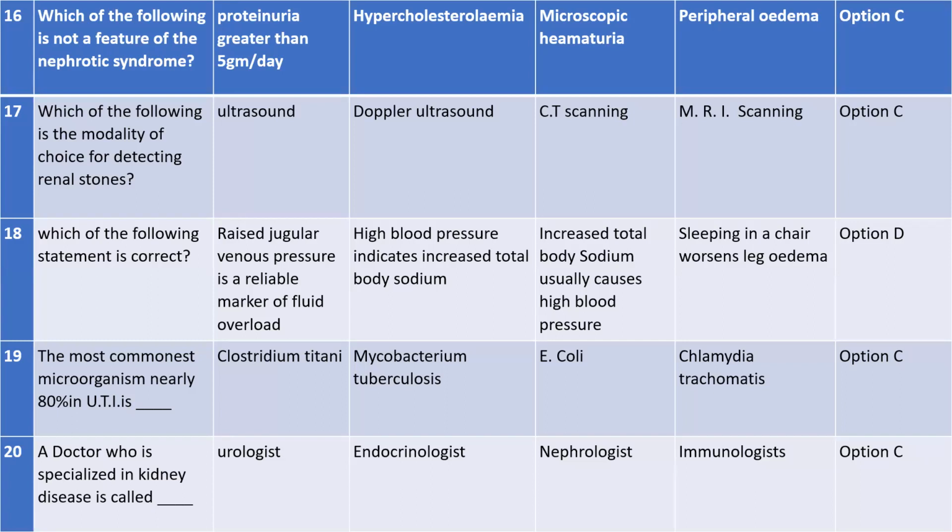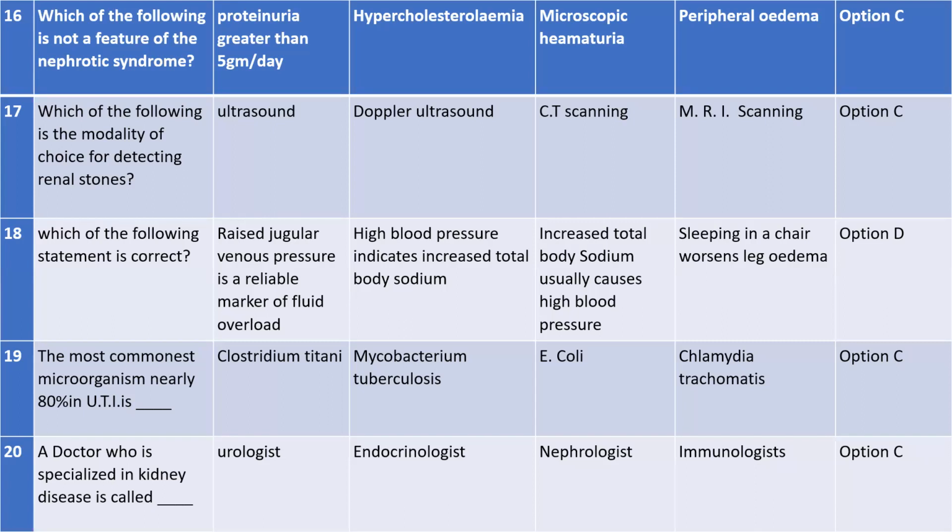Question number 19. The most common microorganism, nearly 80% in UTI, is? What was the common microorganism that I explained, nearly 80% in urinary tract infection? Which organism was it? Tell me. I always say its full form too. E. coli. Yes, very good.